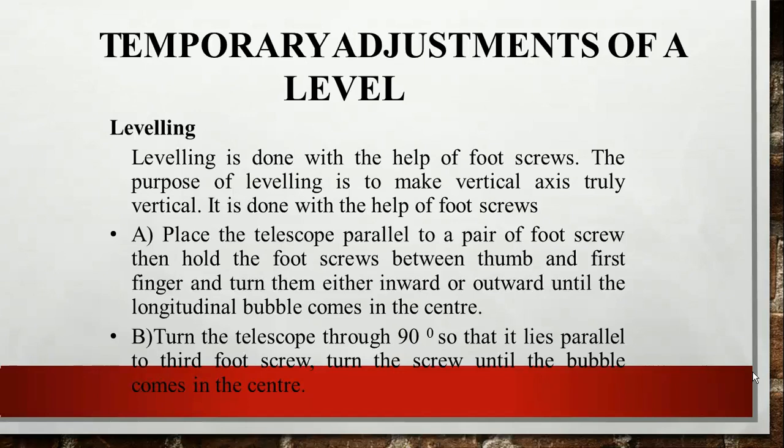Number two, you have to turn the telescope through 90 degrees so that it lies perpendicular to the pair, over the third foot screw, right? Now turn the screw in an inward and outward motion until the bubble comes to the center. So first you place the telescope parallel to two foot screws, and second, you place the telescope perpendicular, over the one foot screw, and carry out the leveling operation till the bubble gets centered.